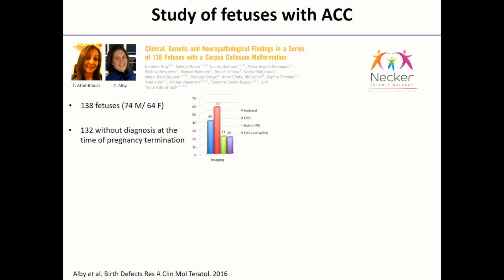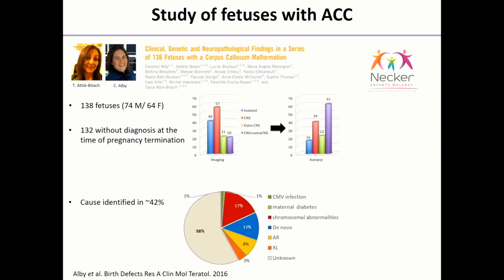And I wanted to show you a bit, because you can see here that at the stage of imaging before abortion, there were 40 fetuses with isolated agenesis, while after autopsy there were only 16 fetuses with isolated ACC, meaning that we miss a lot of other malformations or other associated features by imaging.